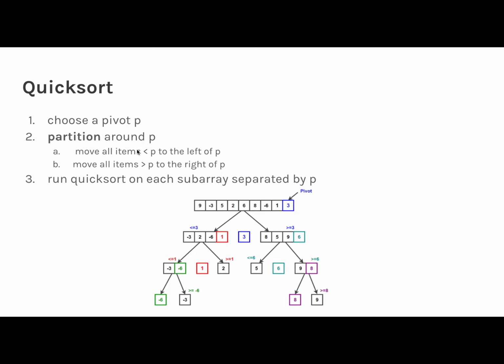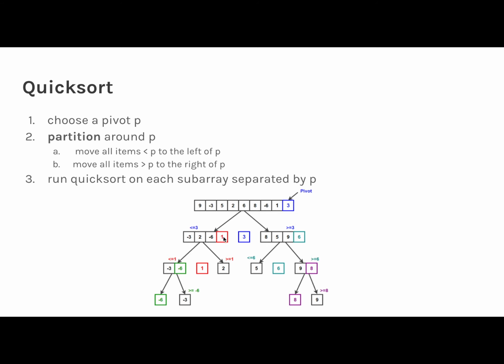You move all elements less than or equal to the pivot to the left of the pivot, and all elements greater than the pivot to the right. So you create two subarrays, and their lengths are determined by how many elements were less than or greater than that pivot. Here, partitioning around 3, we get 4 elements on the left, 4 elements on the right. It's pretty nice. And then you run quicksort on each subarray.